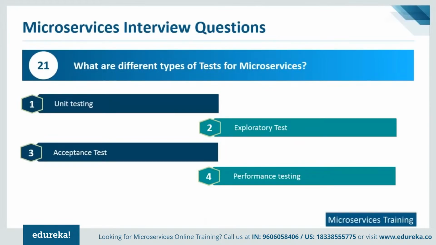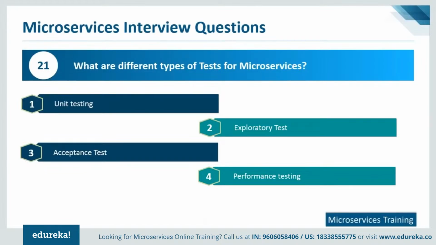Certain tests are implemented a lot more times than the other tests. Those are your unit tests basically, and to some extent at times performance testing as well, but not completely. Then at the second level, you have your exploratory tests, which also happen frequently, but not as frequently as your unit tests.